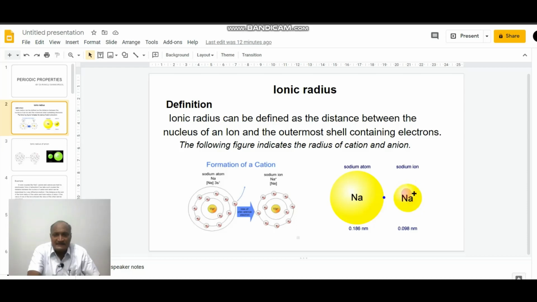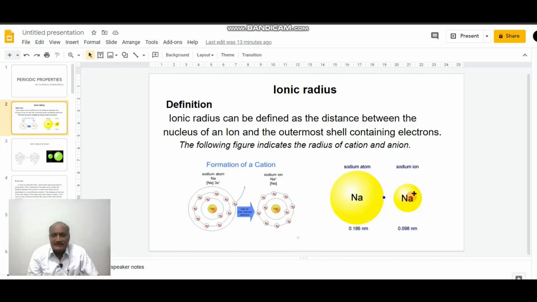According to the definition of ionic radius, the distance between the nucleus of an ion and the outermost shell containing electrons is called the ionic radius. So here this is the ionic radius of a cation, that is sodium.